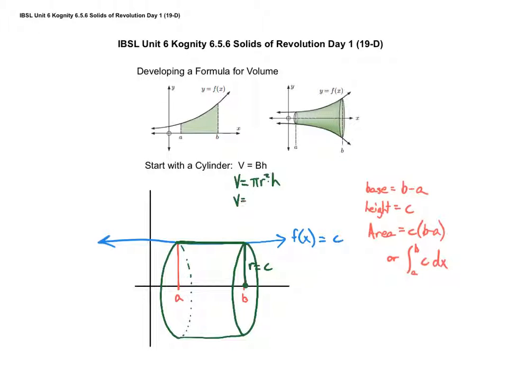We have here pi times c squared. And then what's the height of this cylinder going to be? The height is b minus a. This is our height here. Are you seeing some similarities here? Yes.